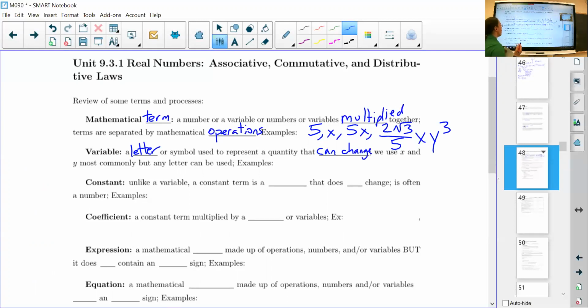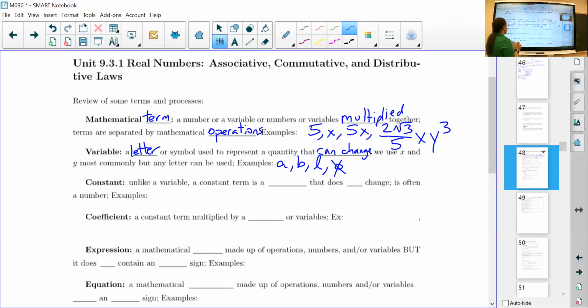We often use X and Y, but we could use any letter. Notice that if we use like an L, we don't write it like that because that looks like a 1. We'll do a cursive L. Similarly, we don't usually use O because that looks like 0. But any letter can be used.